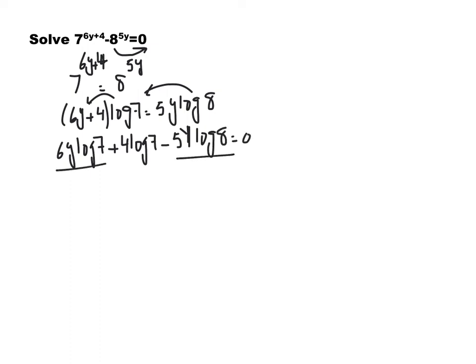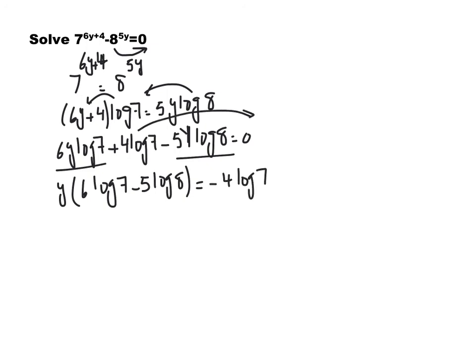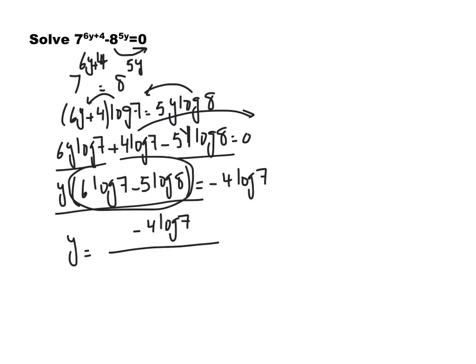This one and this one, they have y in common, so I factor y. I get y times (6 log 7 minus 5 log 8) is equal to, and now I move this one to the right, negative 4 log 7, and then I divide both sides by this, so I get y is negative 4 log 7 divided by (6 log 7 minus 5 log 8).